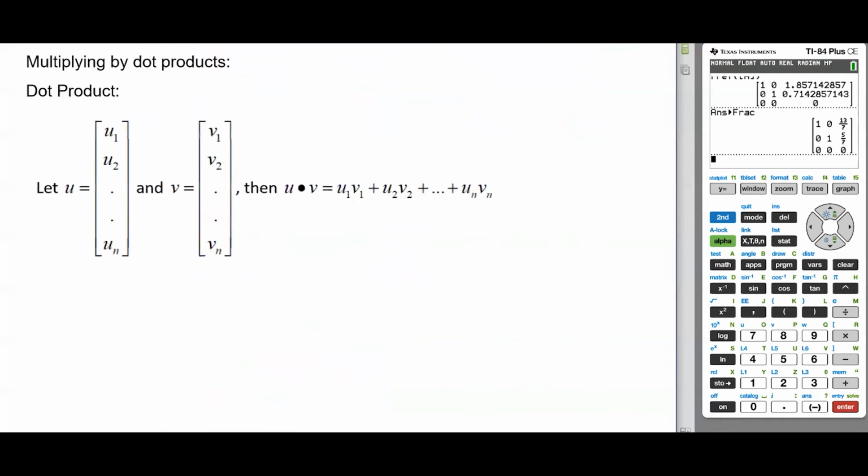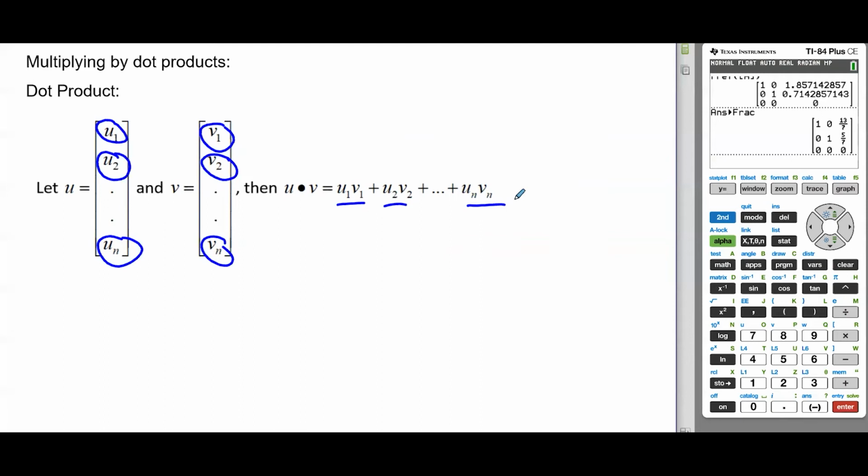So let's talk about dot product. If you've got two vectors, and here I have vector u and vector v, if you take the dot product, what you do is you just multiply the corresponding entries together all the way down, and then you add them together. So here's the product of the first entries, and here's the product of the second entries, and you just keep going, and here's the product of the last entries, and then you add all those up, and that's called the dot product.